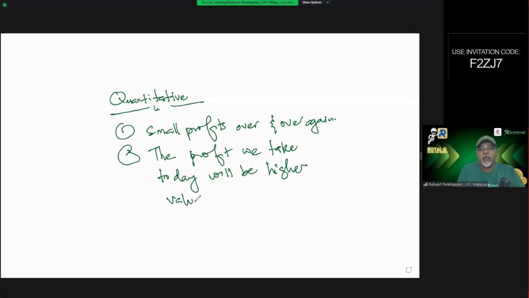So we take small profits over and over again, and the profit we take today will be of higher value in the future because the value of crypto is going higher and higher. Am I right? So you have to understand this. This is what we mean by quantitative trading.